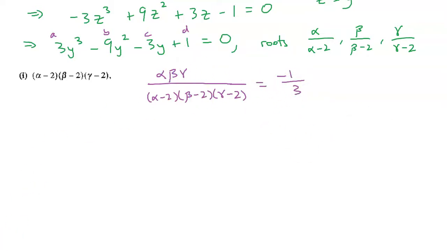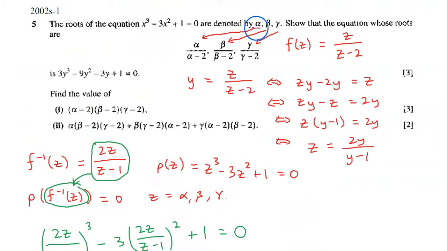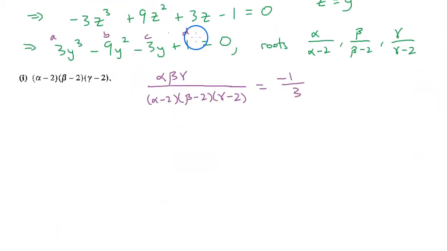And if we go back up and look at the original polynomial that had our roots alpha, beta, gamma, we see that alpha beta gamma this time needs to equal negative 1 divided by 1. So negative 1. And so, since alpha beta gamma equals negative 1, we have that alpha minus 2 times beta minus 2 times gamma minus 2 is equal to 3.